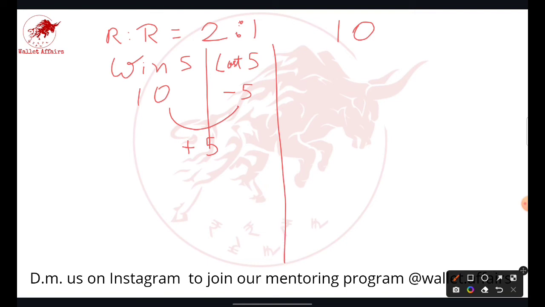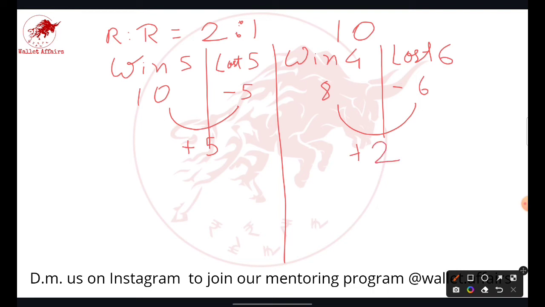So I am just finding out how many trades I can take, and if I win 4 trades and lose 6 trades, this time I'll be gaining 8 points and losing 6 points, so my total will be +2. Alright, now just clearing this section out.